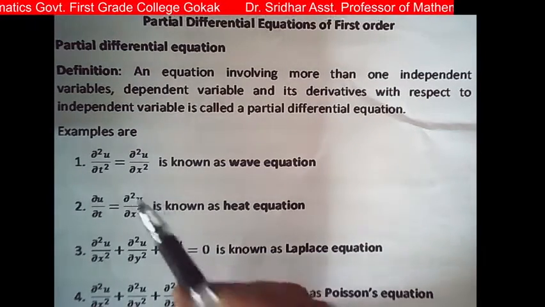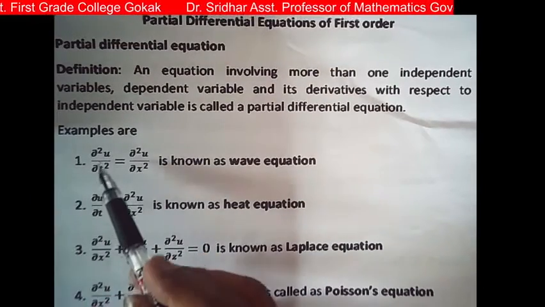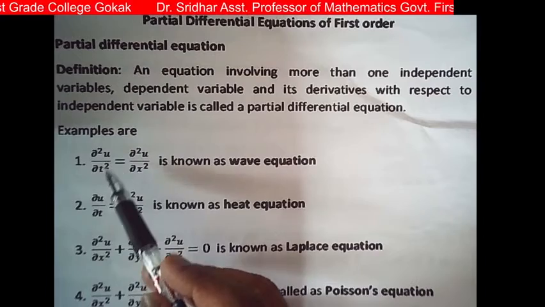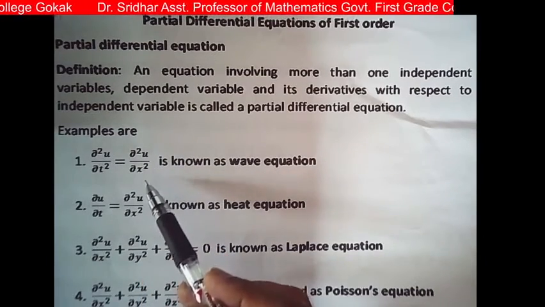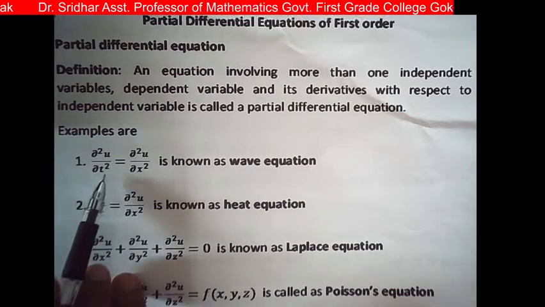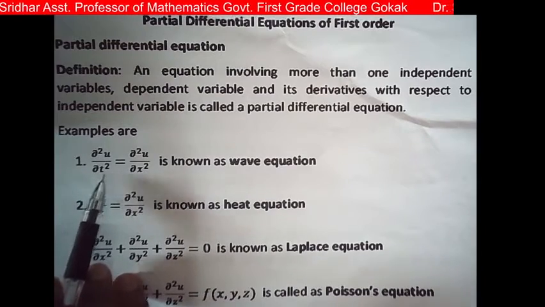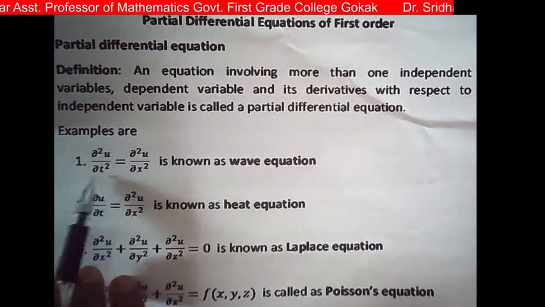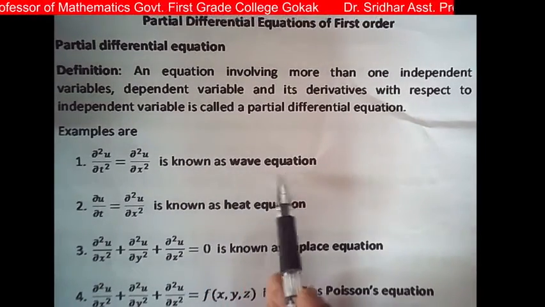Okay, so now see this first example. It is given by dou square u by dou t square equal to dou square u by dou x square. How many independent variables are there? There are two independent variables, one is x and another one is t. So this is a partial differential equation which is called the wave equation.